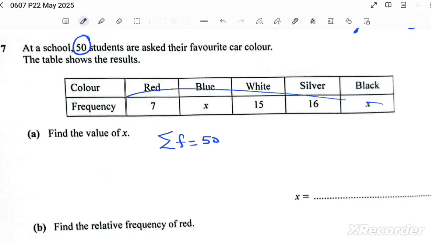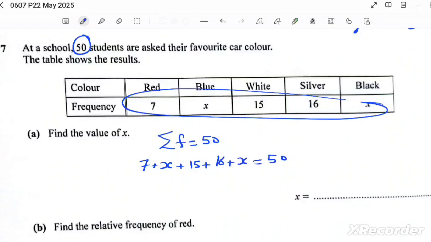So we should add all of them and equal to 50. So it should be 7 plus X plus 15 plus 16 plus X, all of them equals 50.